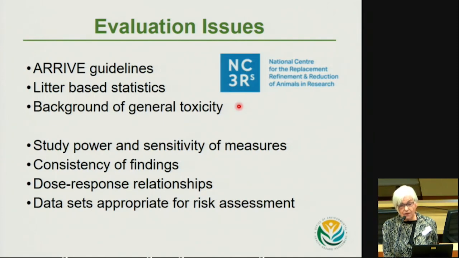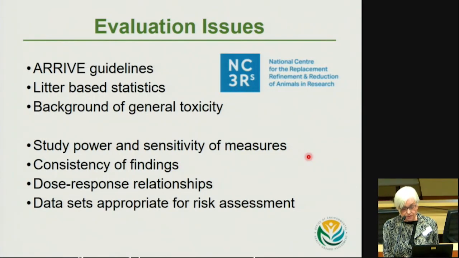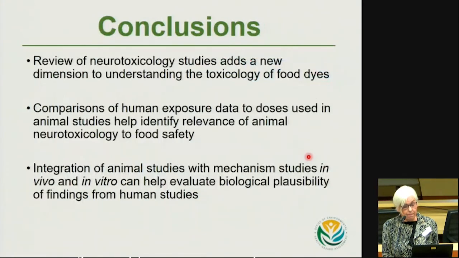Then once we understand that we can evaluate the studies confidently, there's enough information, we'll be looking at study power and sensitivity of the measures, the consistency of the findings, dose-response relationships, and possibly keeping an eye out for data sets that are appropriate for risk assessment.